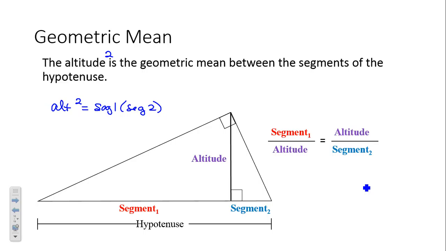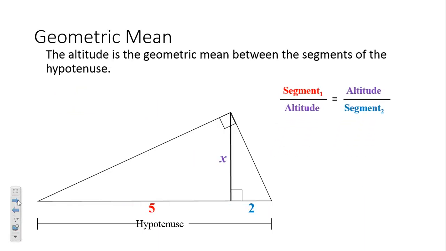I would write that down because I think it's a shortcut and I think it's easier to remember. You don't have to think about where you're placing it in the proportions. Altitude squared equals segment 1 times segment 2. Okay? So let's look at an example here.